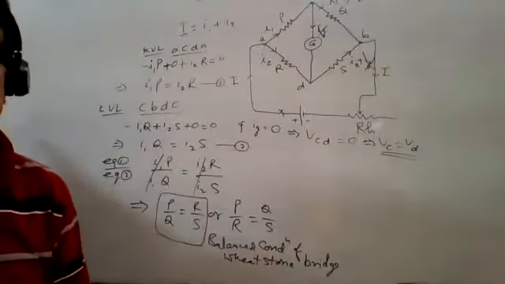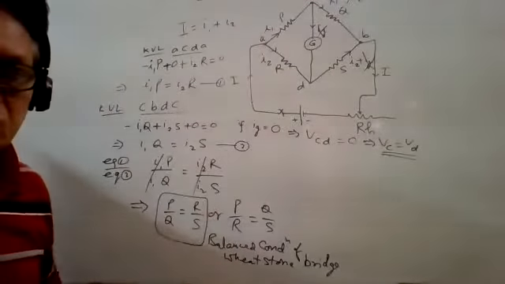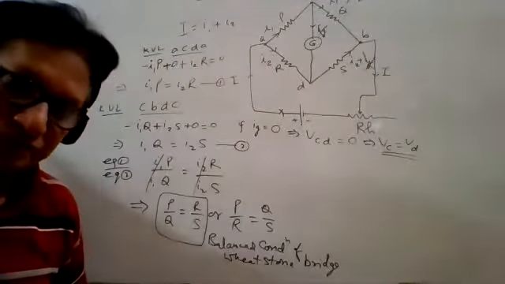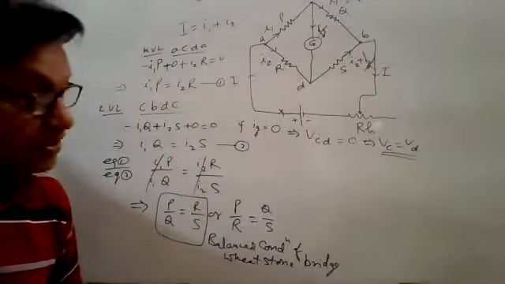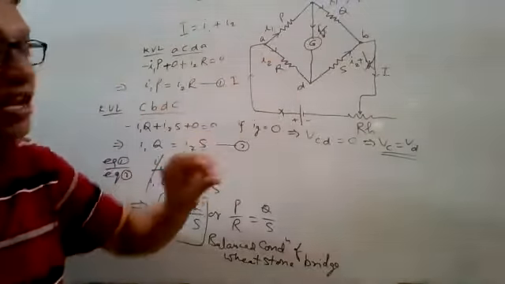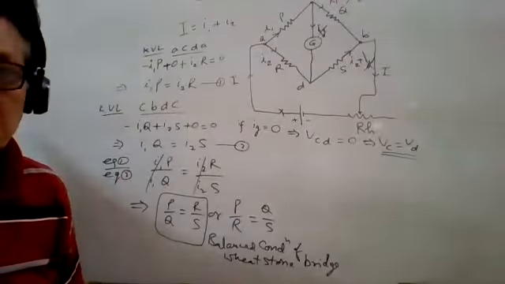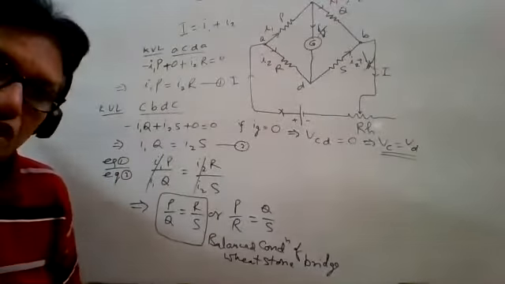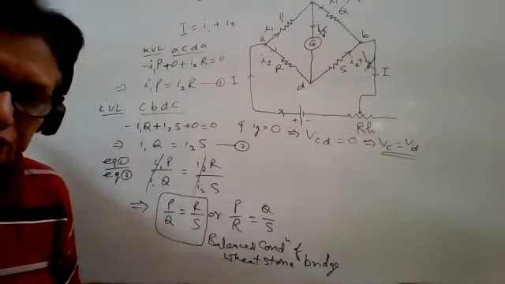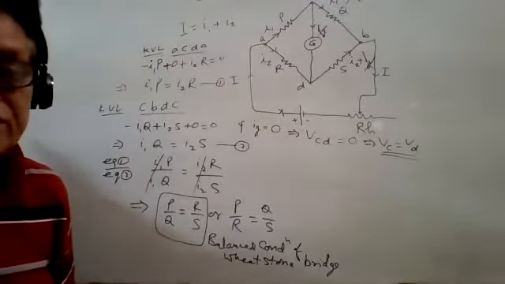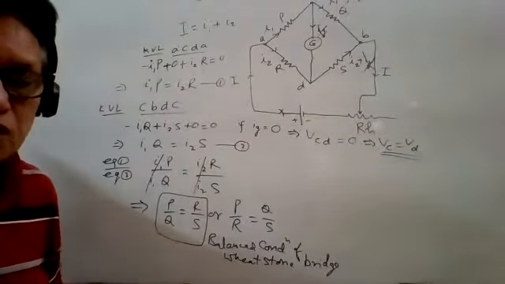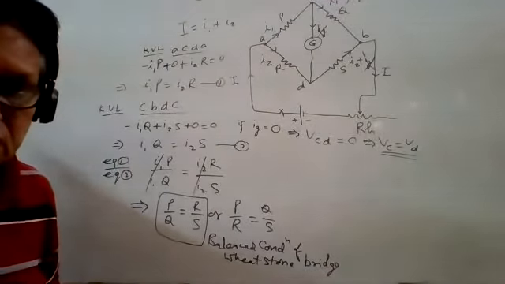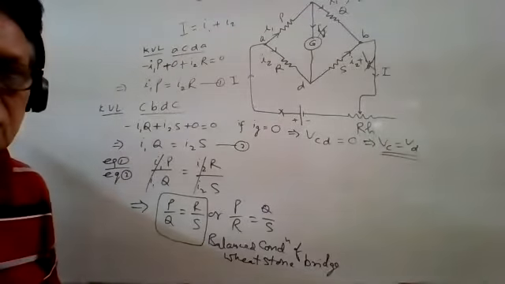Even if it is connected, there is no meaning of it because no current is passing through this galvanometer. Even in place of this galvanometer, if suppose any resistance is there, you can ignore it because there is no current passing through it, so there is no meaning of it. Although it is connected, there is no current passing through this resistance or galvanometer or whatever it is.